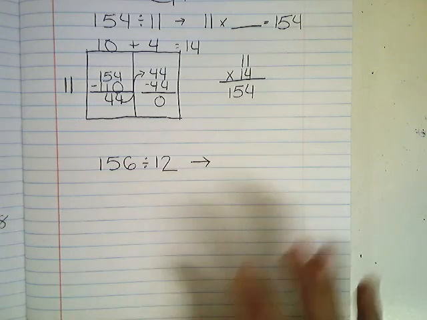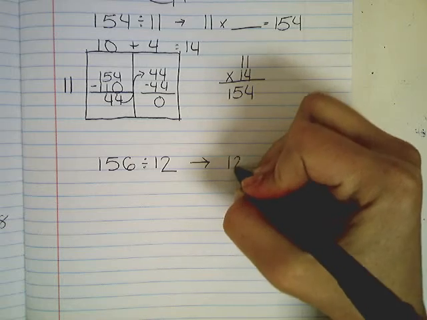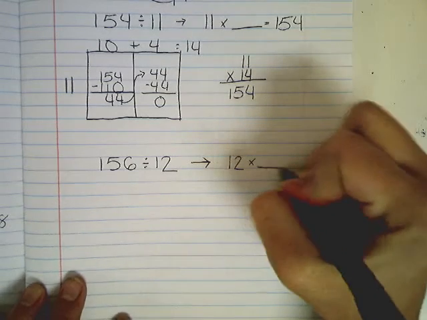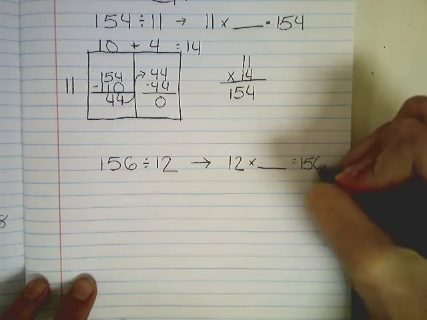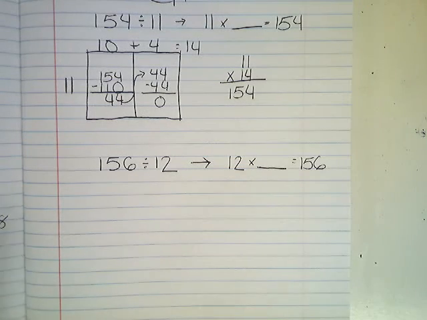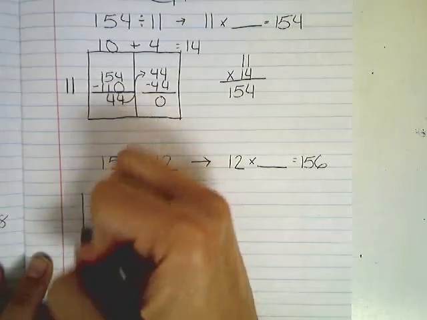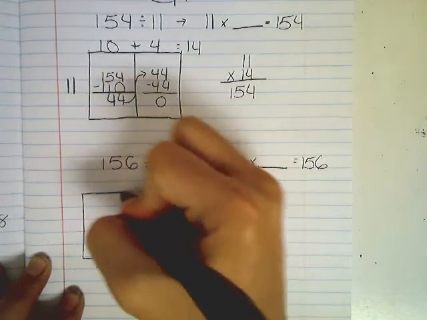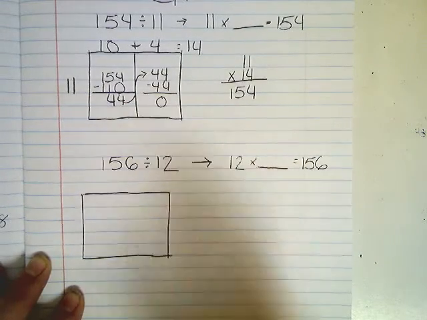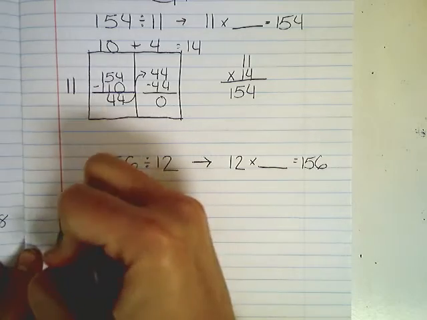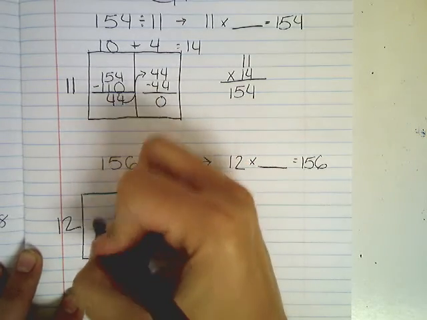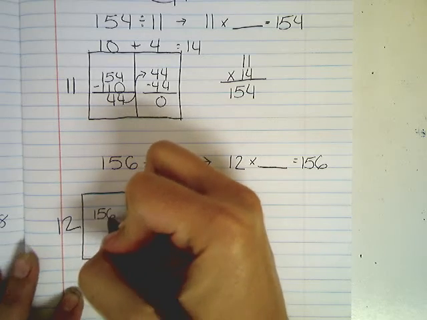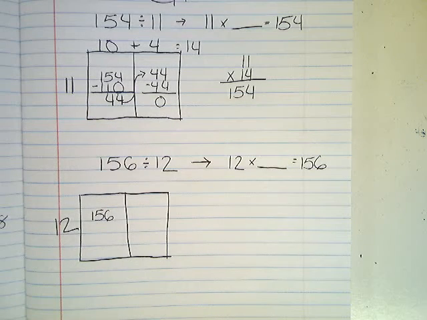So I'll do that step with you. 12 times something equals 156. Now I'm even going to draw the model with you. We know one number is 12. 12 times something will give us 156. Go ahead and pause it and let them work it out.